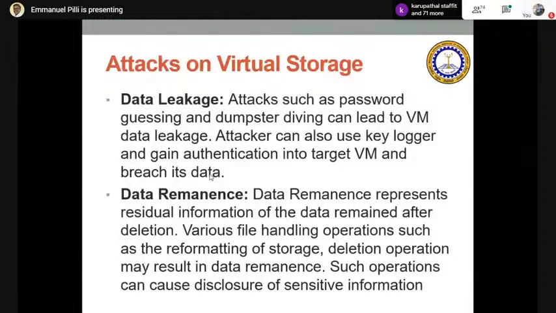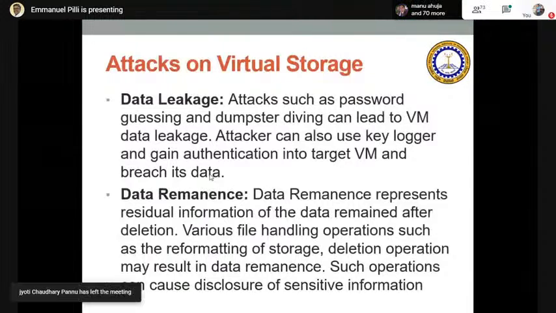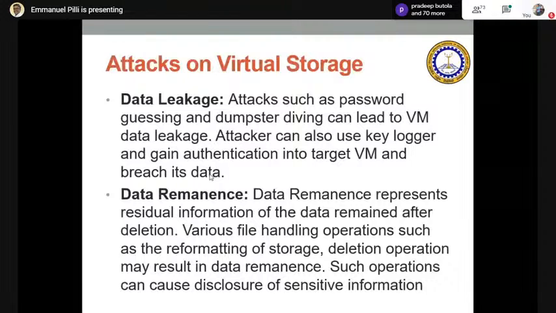Similarly, on cloud data, sometimes you have residual data which remained after deletion. You delete the file, the data is still there. Unless you format it, unless you overwrite it with some other file, your data is still there. So you try to get access to that data. Various file handling operations such as reformatting of storage and deletion operations may result in data remnants.